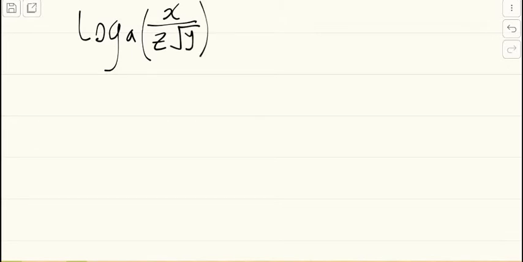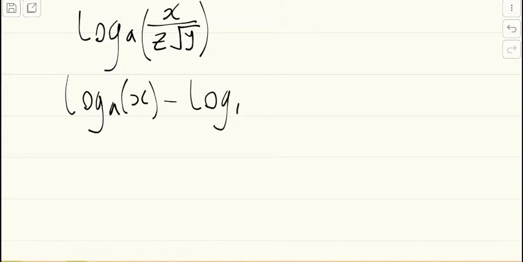Okay, so this one again looks a little bit more complicated, but we've got a division, so let's deal with the division. We've got a numerator and a denominator, so we can rewrite this as log to the base a of x minus log to the base a of z root y.